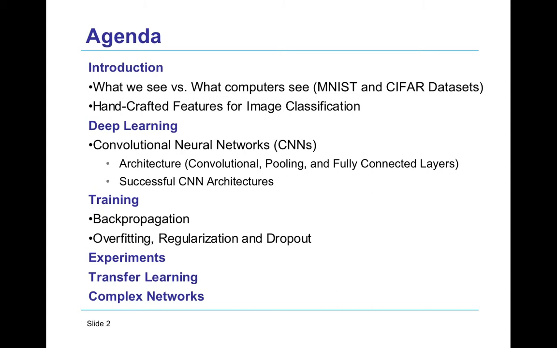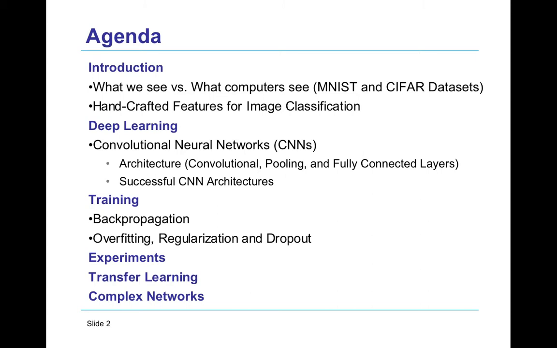Yeah. So the agenda: we're going to talk a little bit in this introduction about what the data is, especially grayscale images and color images, and make a comparison of what we see versus what the computer sees. And basically two main data sets, the MNIST, which is handwritten numbers, tiny images for classification, and the CIFAR.